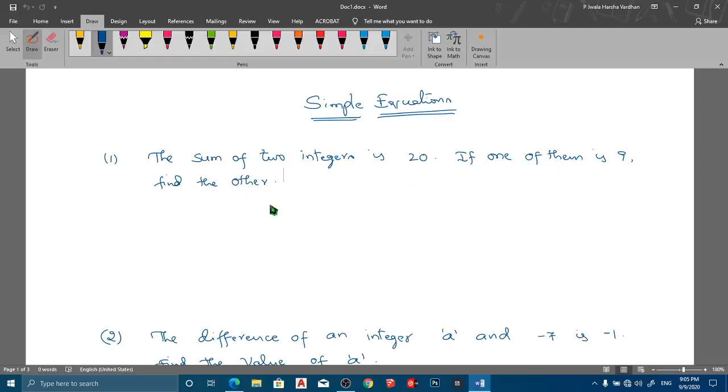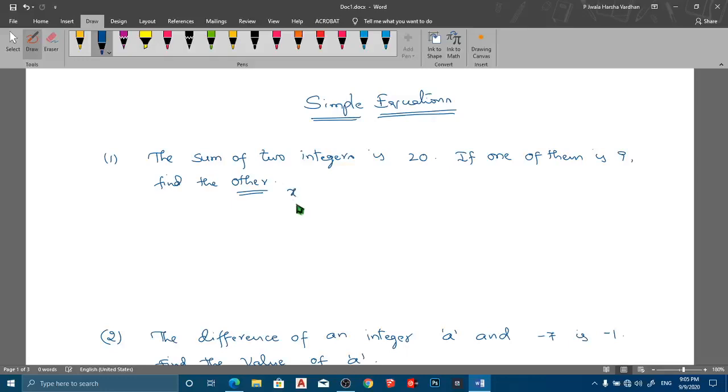That unknown number you may take as x or y or p or q, any letter you can take. Whatever the number you have to find out in this problem, you have to take it as some letter. So here I am taking the other number as x.